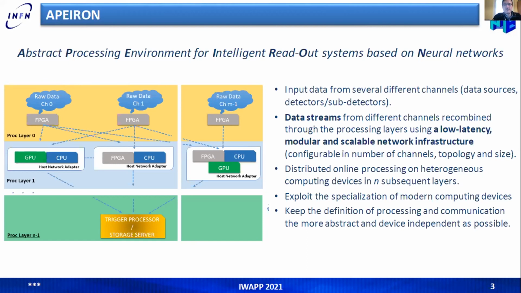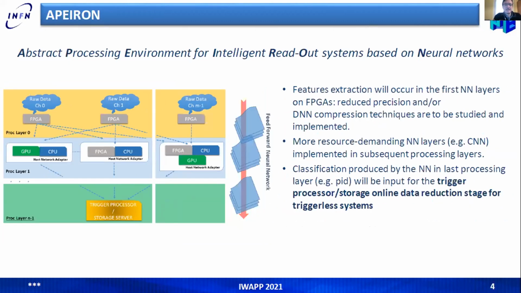Every node of these layers we want to be heterogeneous, so it can host CPUs, FPGAs, or GPUs. The idea here is to map a neural network on this architecture.